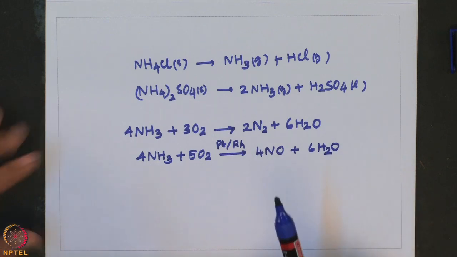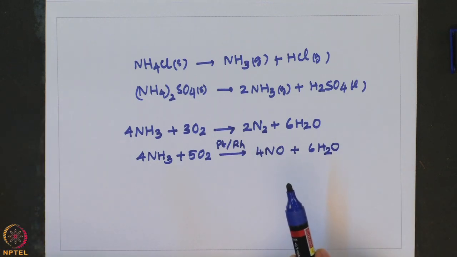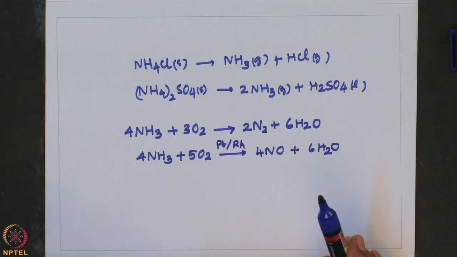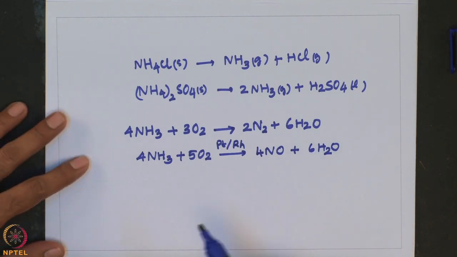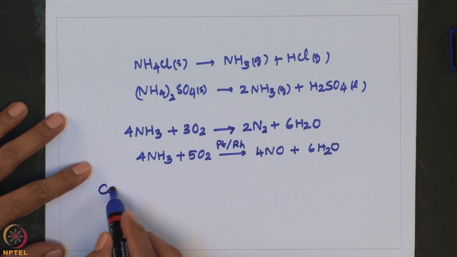So, both ammonium sulfate and nitrate are important fertilizers. So, they can be prepared using the following method, starting from calcium sulfate.